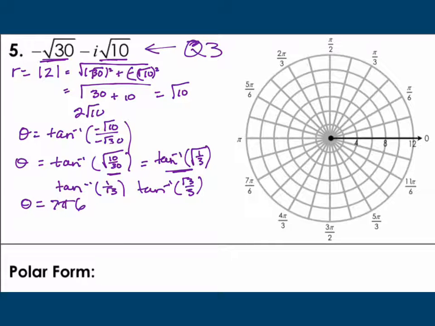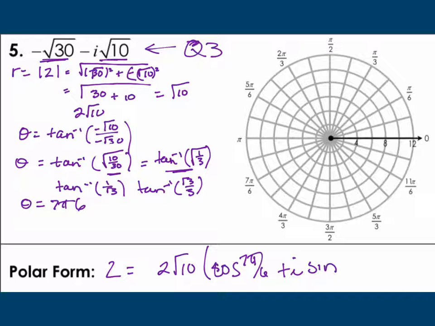So in our polar form, we would have z equals r, which is 2 square root of 10, times cosine of 7 pi over 6 plus i sine of 7 pi over 6.